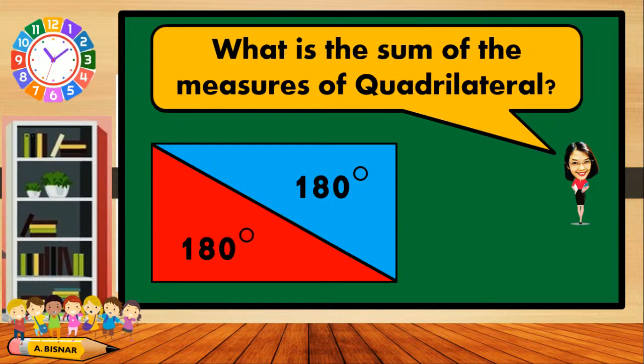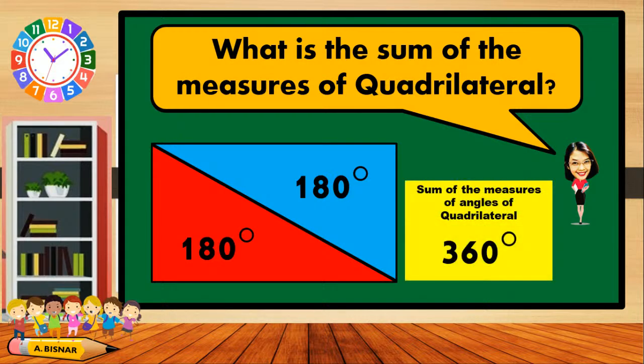If you add the two, what will be the sum? That's correct, Villarino, 360 degrees. So the sum of the measures of angles of quadrilateral is 360. Dahil makakabuo ka ng quadrilateral using 2 triangles.